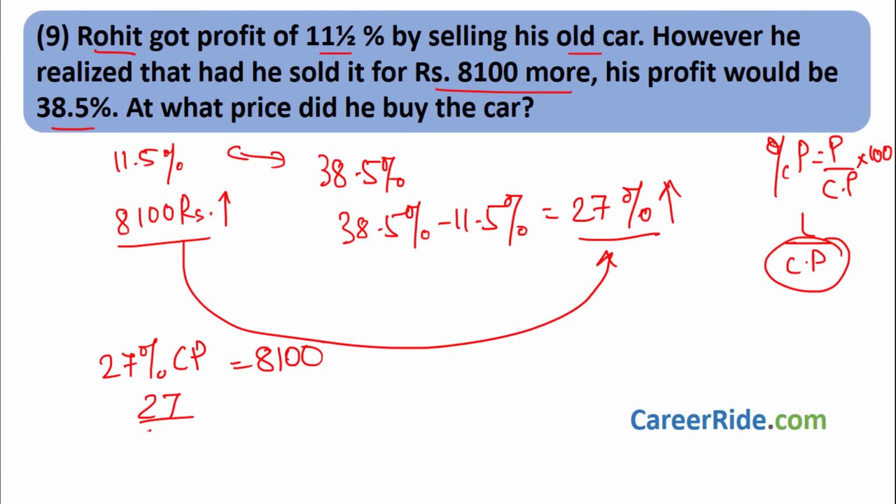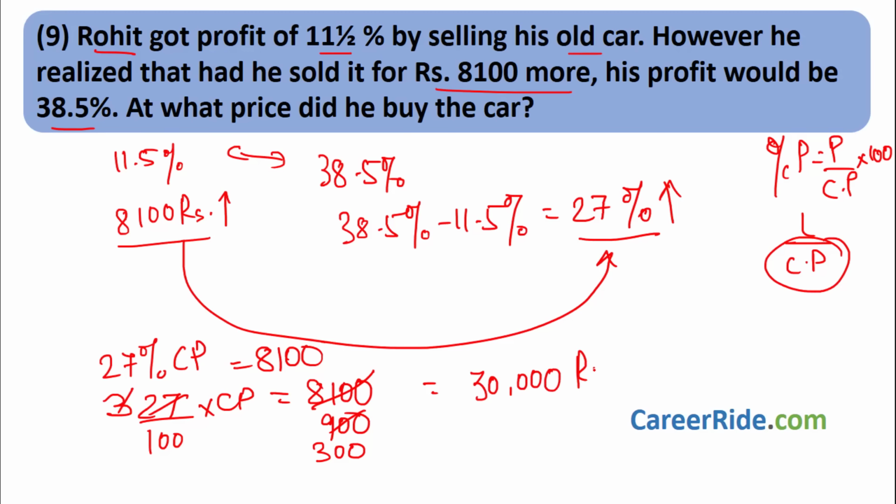So that would be 27 upon 100 into cost price is equal to 8,100. 9 9s are 81, 9 3s are 27, so that would be 3 into 300. So cost price would be 100 into 300, 30,000 rupees. So this is the cost price of the car, or the price at which Rohit bought the car. Moving to the next question.